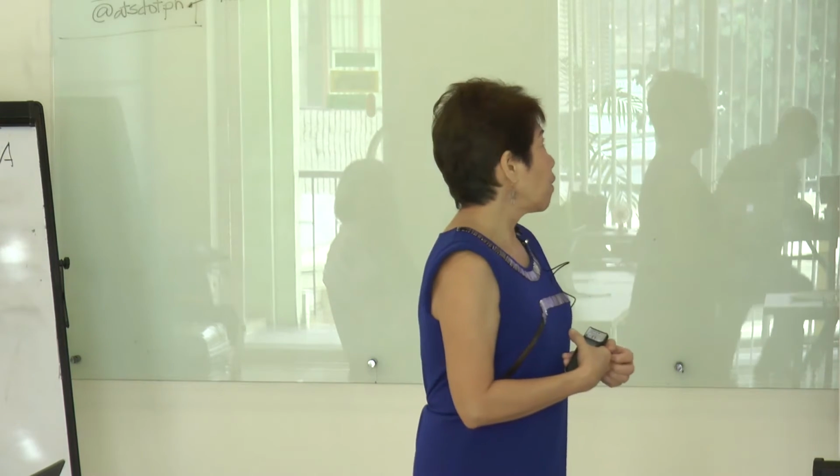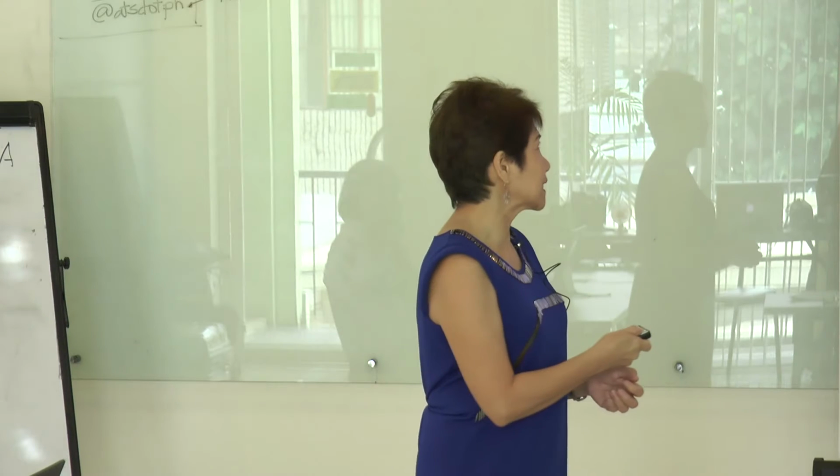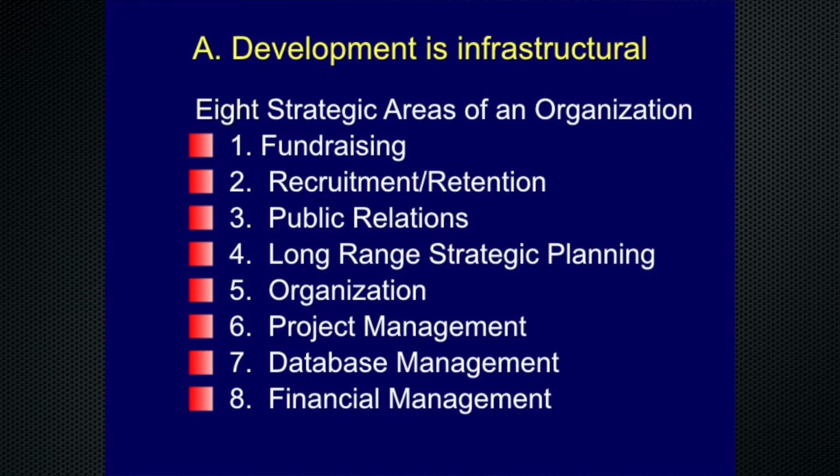Okay, what do we mean by development is infrastructural? What are the structures that we need to put in place in order for development to take place? Let's look at 8 strategic areas of an organization. Of course, we need to do fundraising, the actual act of soliciting the money or finding the sources of fund.